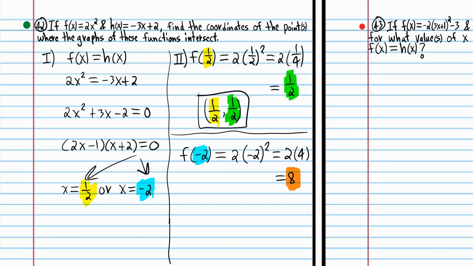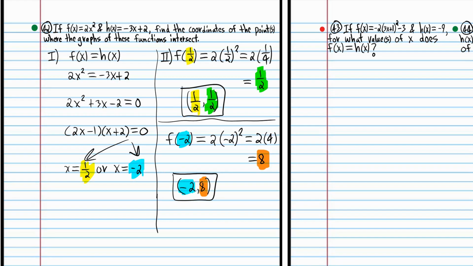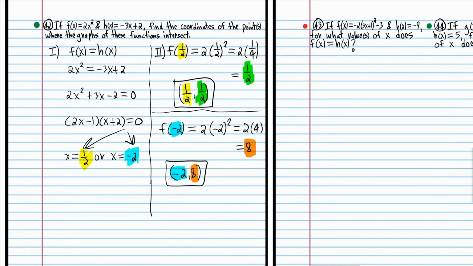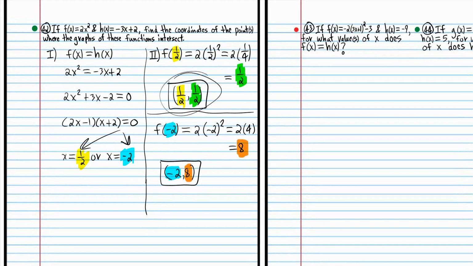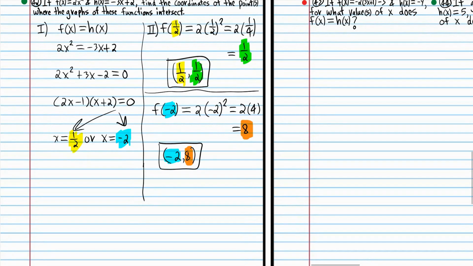So we have another point of intersection between those two functions, negative 2 and 8. So if you got that right, excellent. So there's 2 points where the graphs intersect. We have a parabola and then we have a line, and these 2 points are where they intersect.